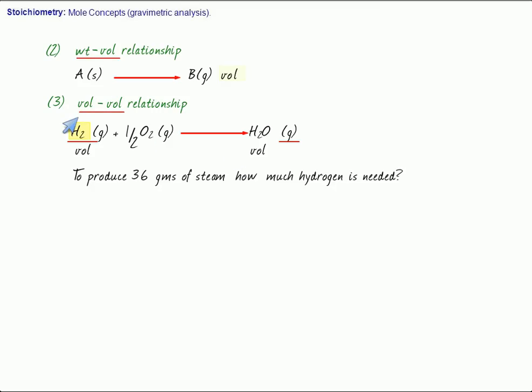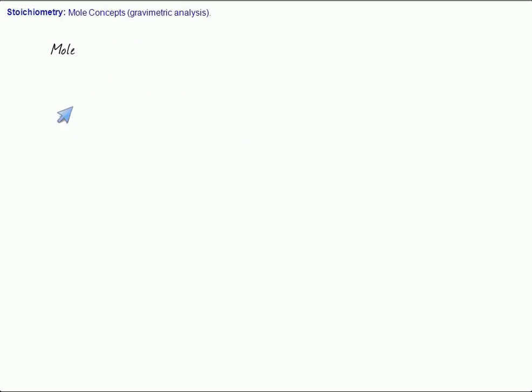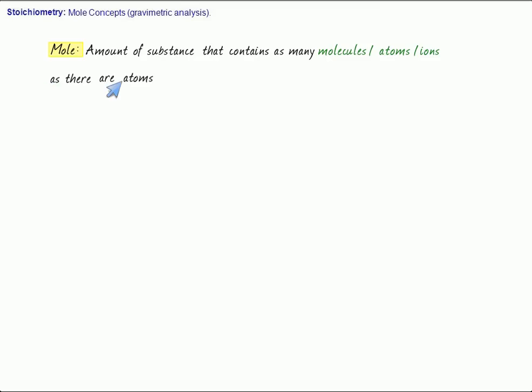So before we pass on to the gravimetric part, there are certain key definitions or key terms with which we should be familiar. The first one is the definition of mole. Now, we may be familiar with the mathematical definition of mole, but mole is defined as that amount of substance that contains as many molecules or atoms or ions as there are atoms in 12 grams of C12 isotope.